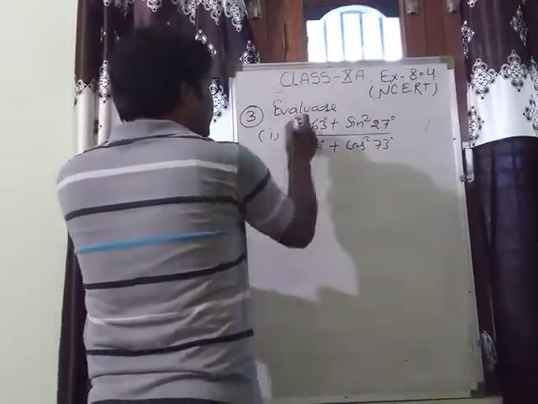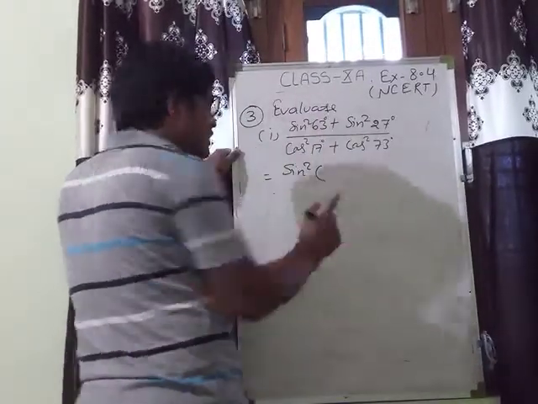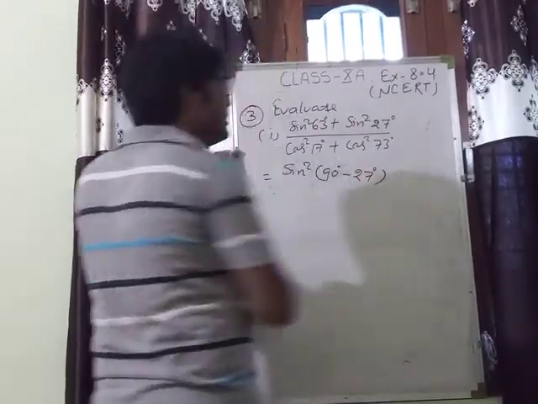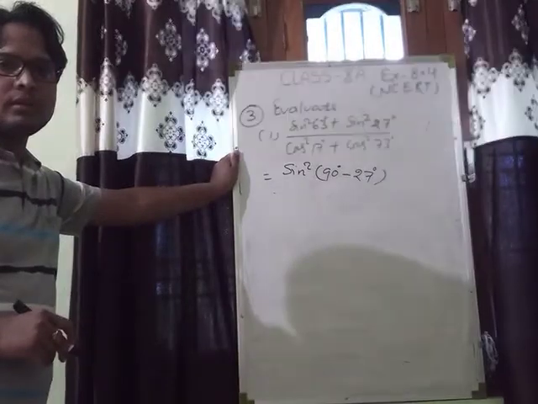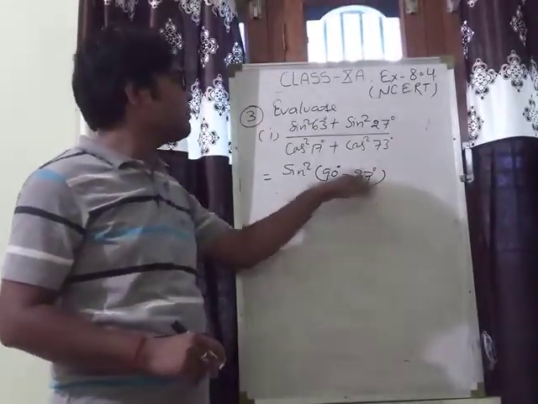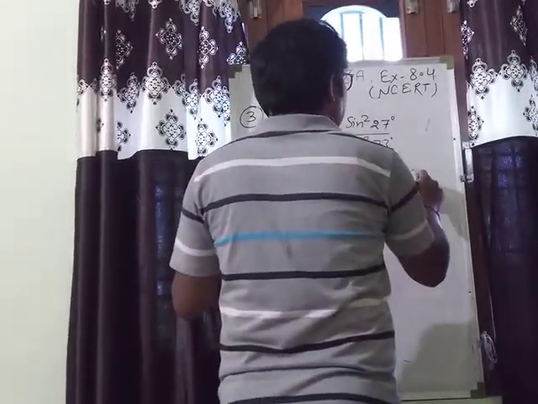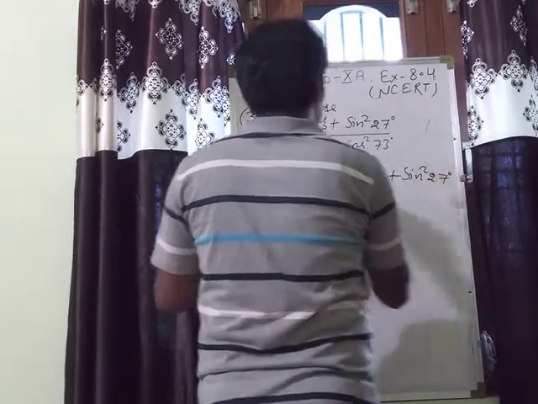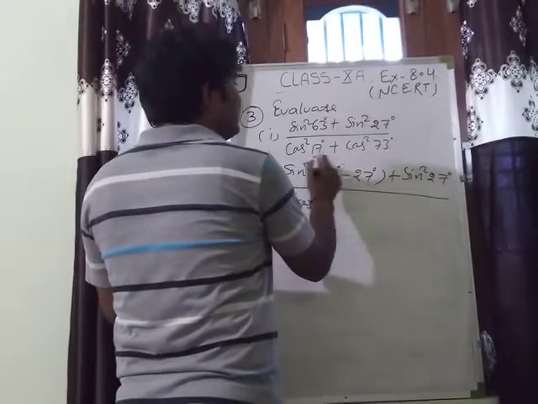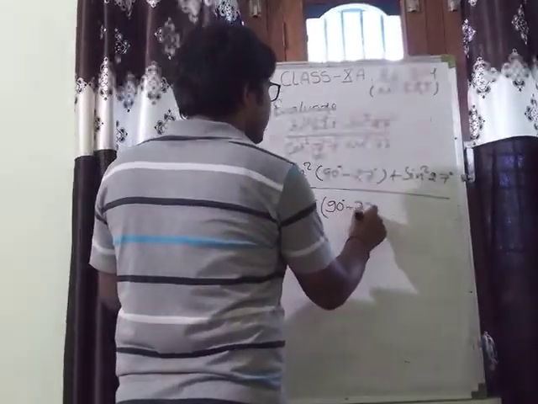See, this can be written as sin square. This 63 can be written as 90 degree minus 27 degree. We can write this in this form: 63 is equal to 90 minus 27. If you subtract 27 from 90, you will get 63. And plus sin square 27 upon cos square 17 degree. 17 degree can be written as 90 degree minus 73 degree.